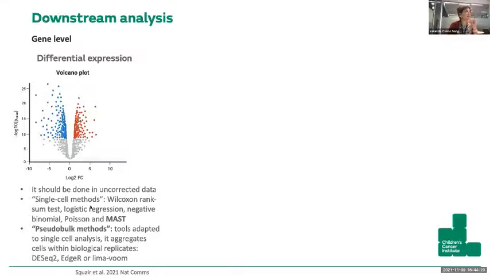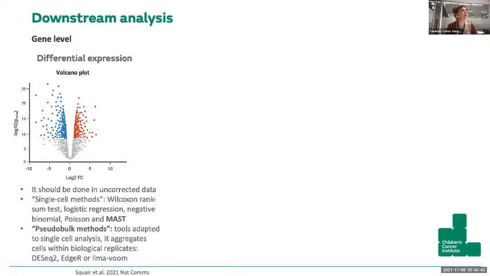And there are two types of methods for differential expression. There is the single cell methods, which are developed for single cell RNA-seq, which all of these ones that I mentioned here are methods that are available with the Seurat package using find markers.